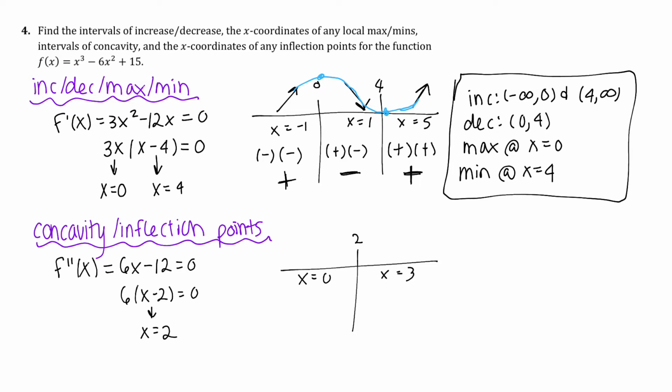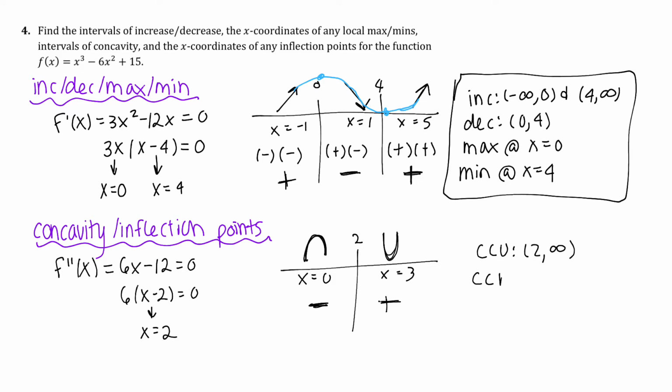We don't have to worry about this 6 out front because it's positive, so it won't change the sign of anything. 0 minus 2 is negative, so it's just negative. And 3 minus 2 is positive. This is concavity, so negative is concave down, positive is concave up. We are concave up from 2 to infinity.